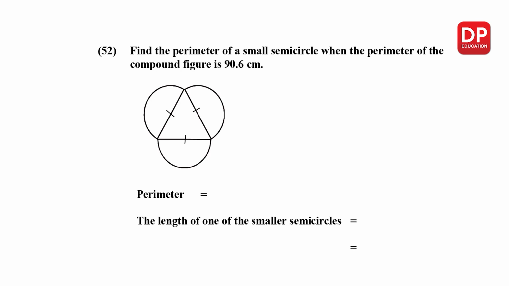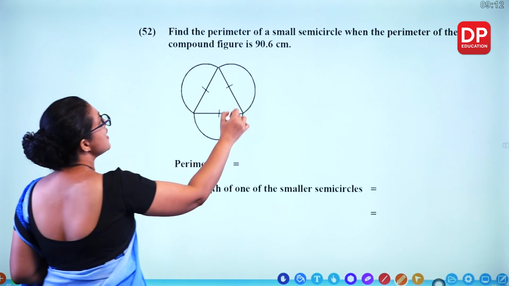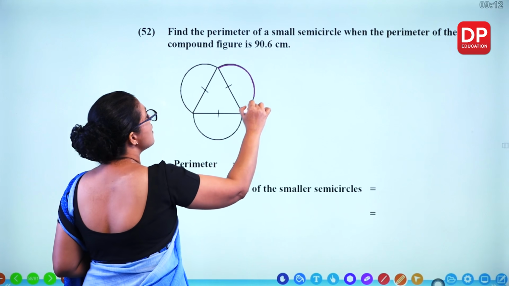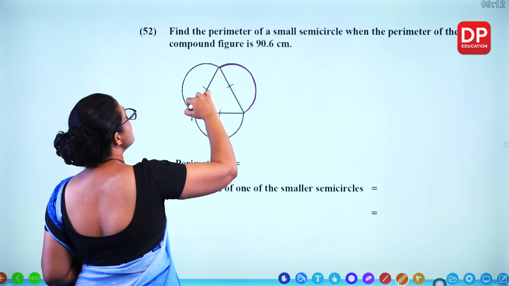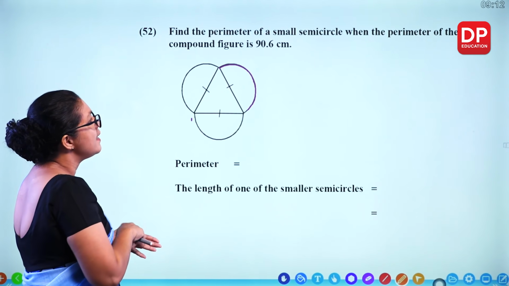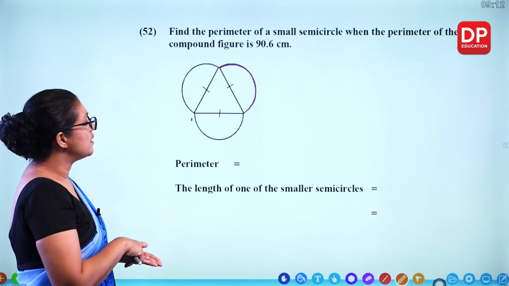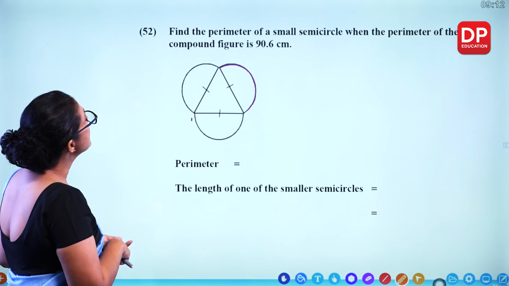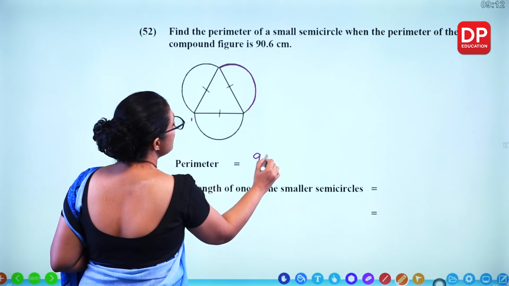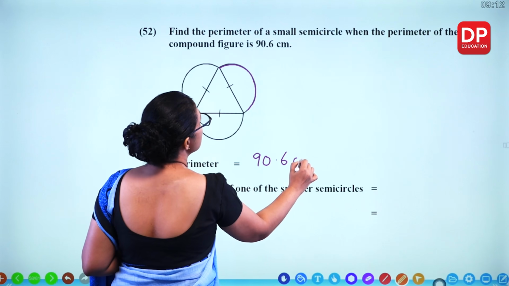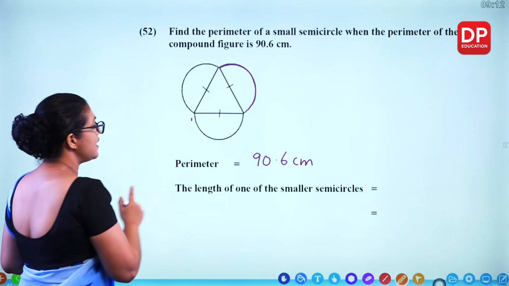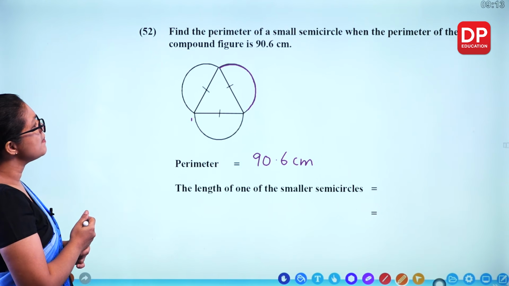Find the perimeter of a smaller semicircle when the perimeter of the compound figure is 90.6. All three sides are equal, so all lengths of semicircles are equal. The perimeter is given as 90.6 centimeters. So what's the length of one of the smaller semicircles?